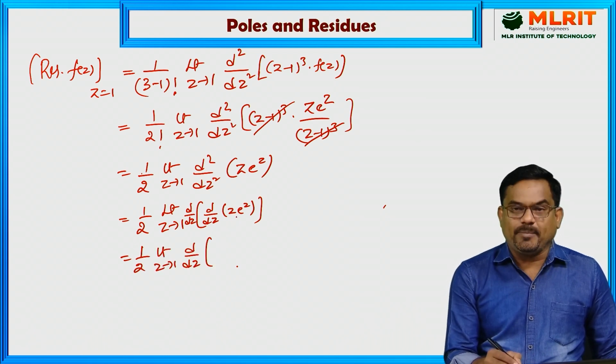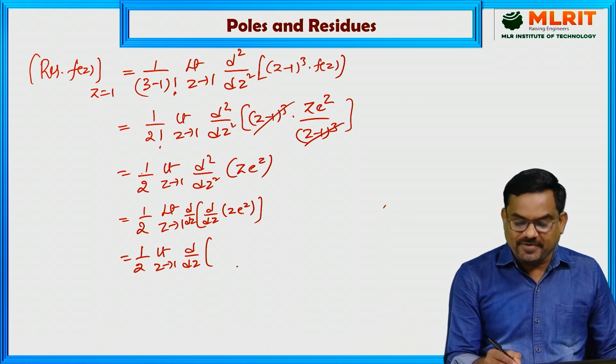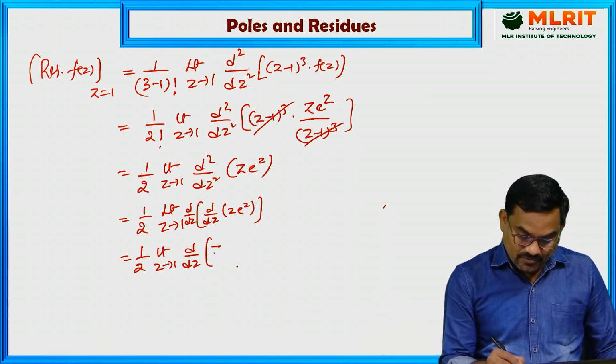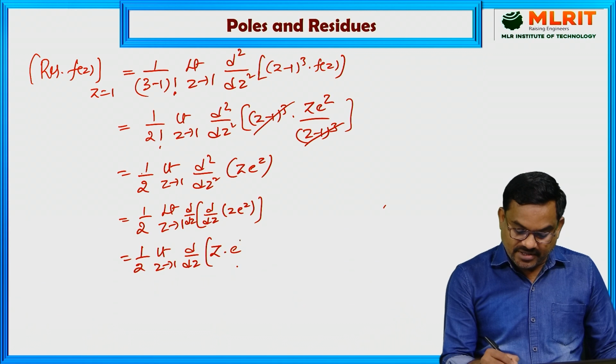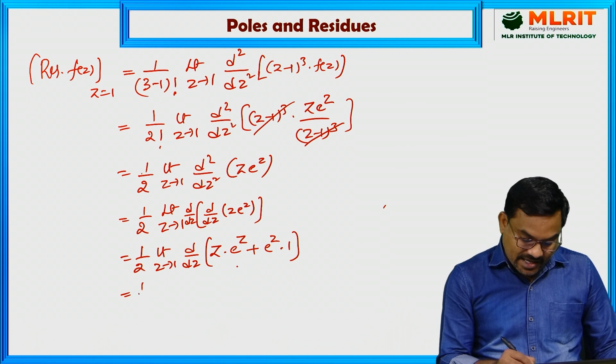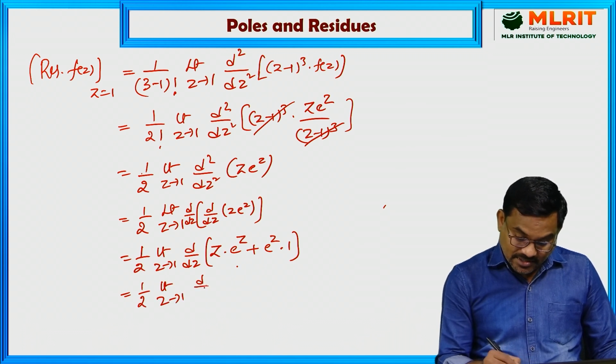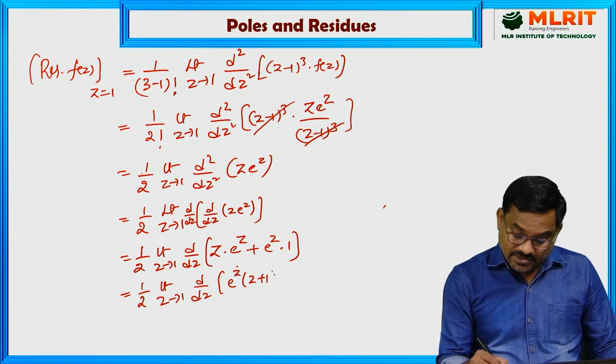Here we need to apply UV rule because both the functions are having z. So z into derivative of second function e power z plus second function into derivative of first function 1. And again we need to differentiate this. So first let us simplify this, d by dz of e power z into z plus 1.